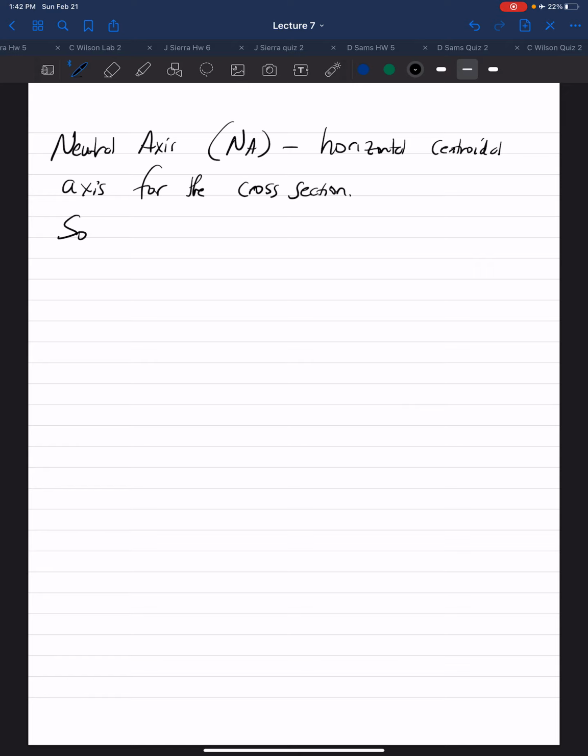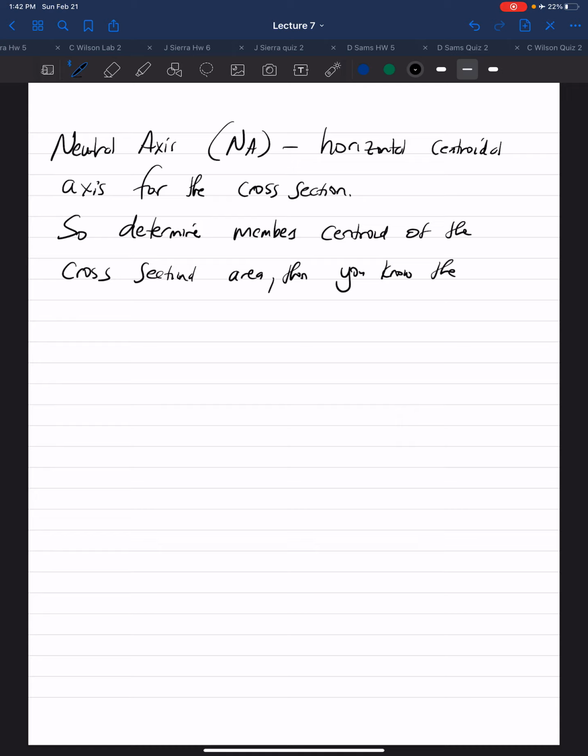So, in other words, determine the member's centroid of the cross-sectional area, then you know the neutral axis location.